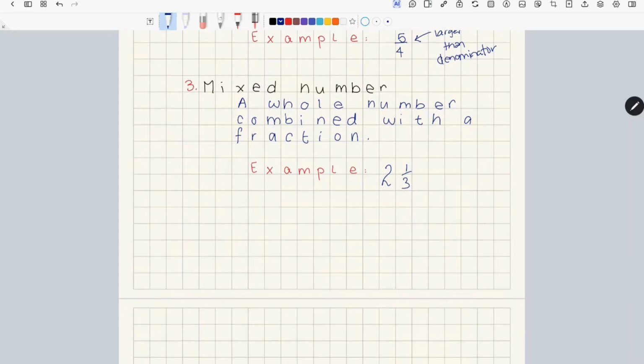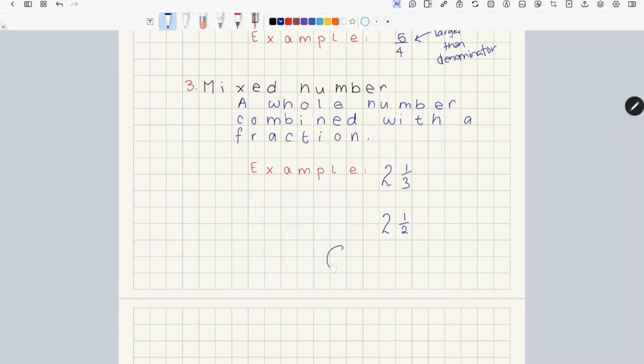So for example, you could say you have 2 full cakes and 1/3 of a cake. Another example could be 2 1/2 of a cake.